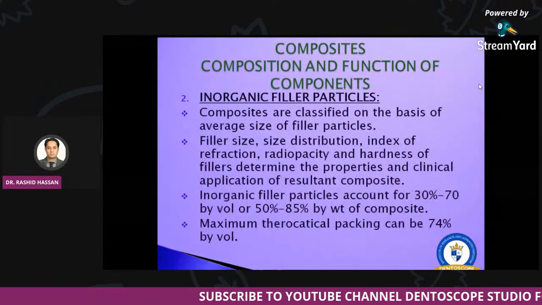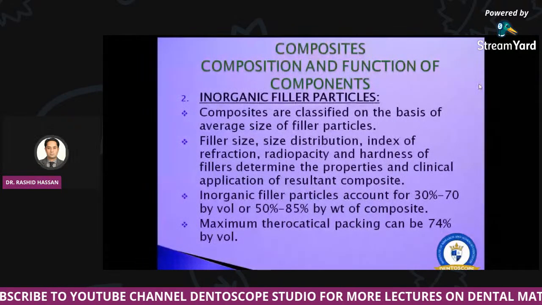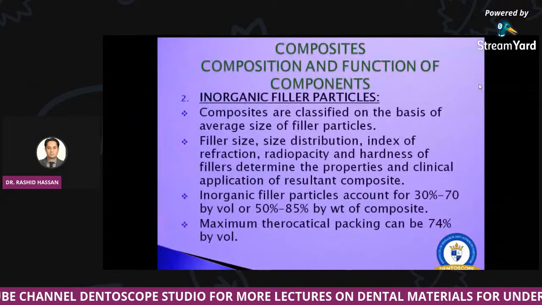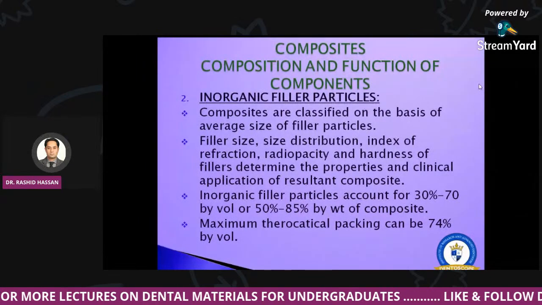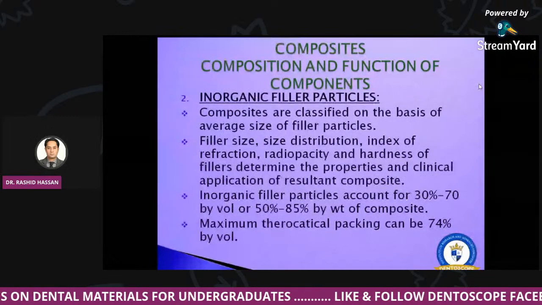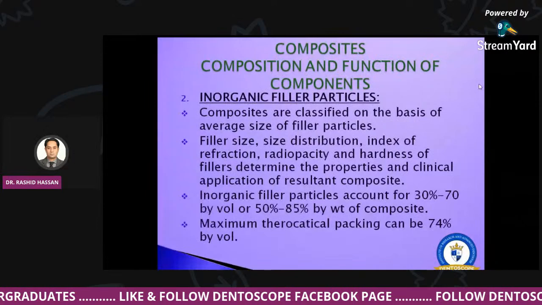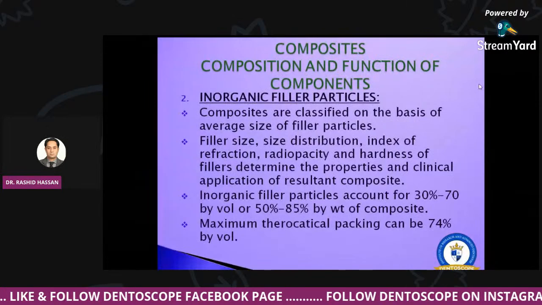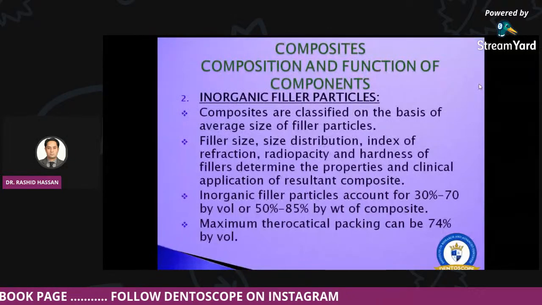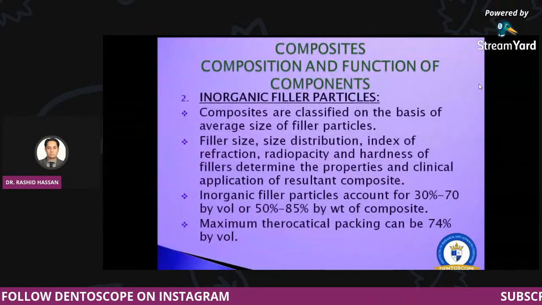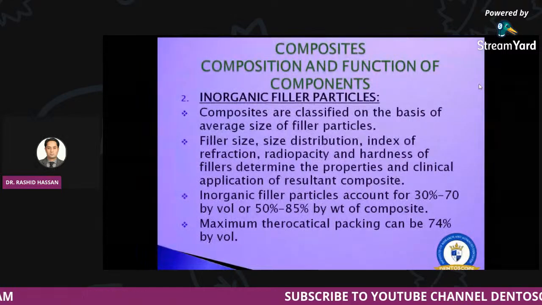I told you that inorganic filler particles contribute a lot to the prognosis and success of a dental composite restoration. So inorganic filler particles are present in the composite from 30 to 70% by volume or 50 to 85% by weight. And the maximum amount of fillers that you can add in a dental composite, theoretically according to the different books, is 74% by volume.